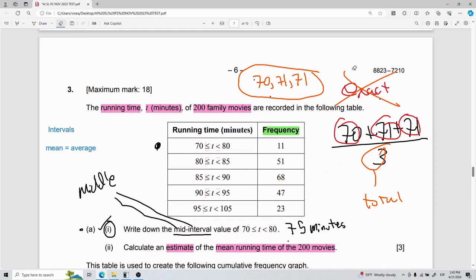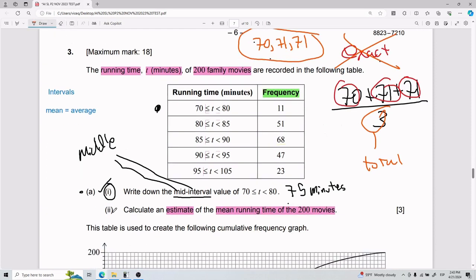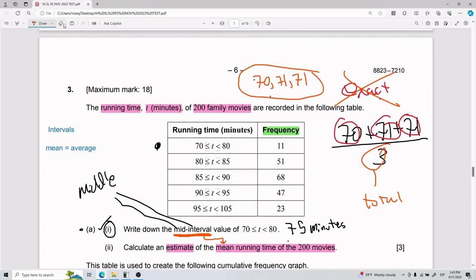And so how do you do it? Well, part A, part I asks you to find a mid-interval. So the mid-interval is something we need to use in this context to find the mean. So yes, I don't have exact values, but then what can I do? Well, your values are going to be the mid-intervals.